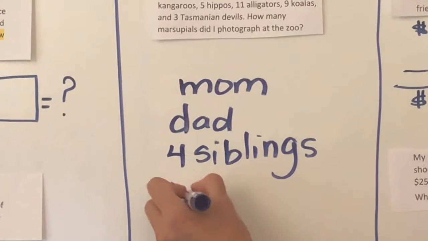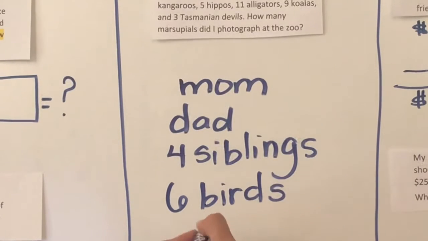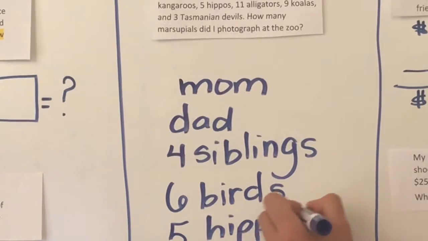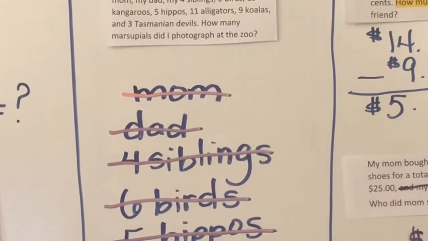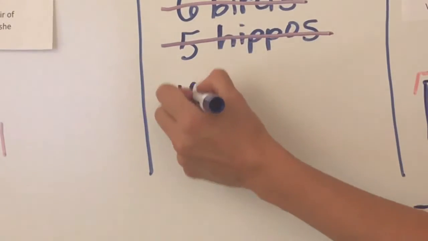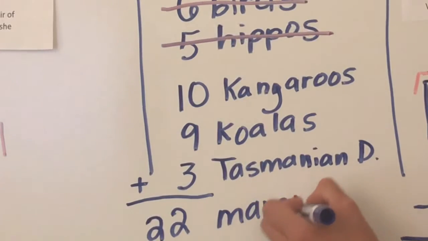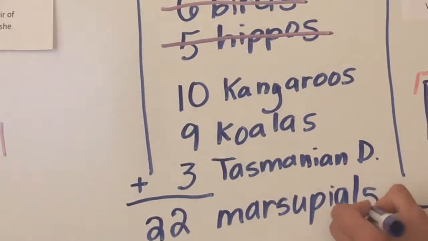Even though I'm not a zoologist, I already know that my mom, dad, 4 siblings, 6 birds, 5 hippos, and 11 alligators are not marsupials. Therefore, I feel like I am adding a little common sense, and this problem gives me a sum of 22.